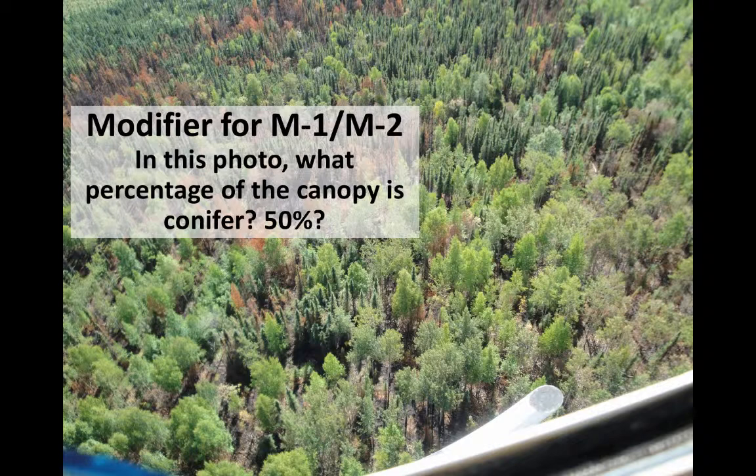Like the plantation fuel type C6, the mixedwood fuel types require additional information. M1 and M2 require the user to estimate what portion of the forest canopy is conifer, while M3 and M4 call for estimating the portion of the canopy represented by dead conifers.